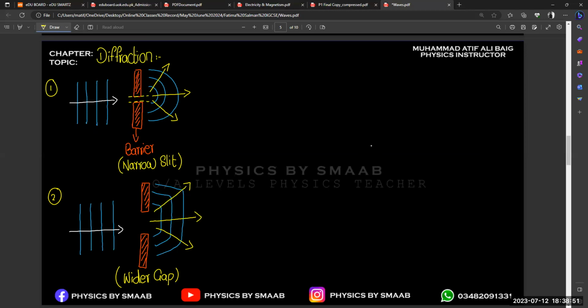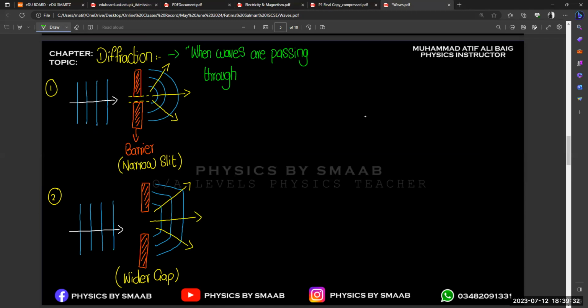All right. And if you want to write the basic definition of diffraction: when waves are passing through narrow gaps or edges, like a barrier.